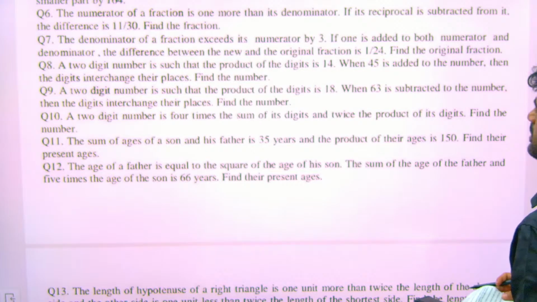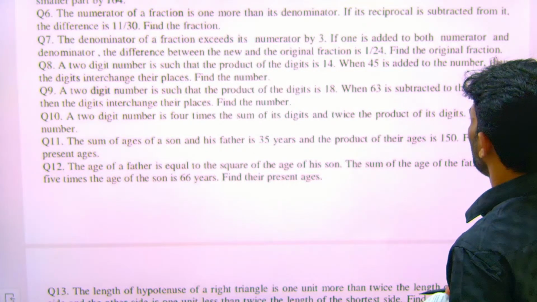A two digit number is 4 more than the sum of its digits, and also equal to twice the product of its digits.